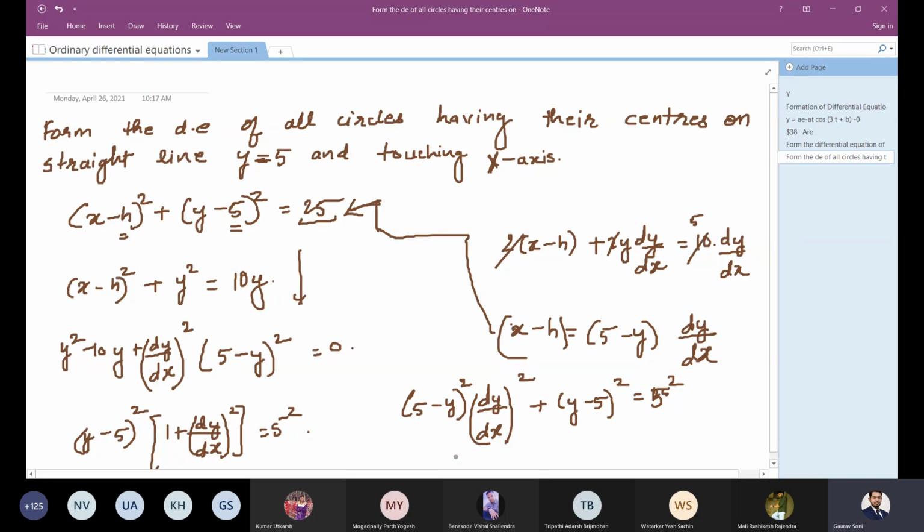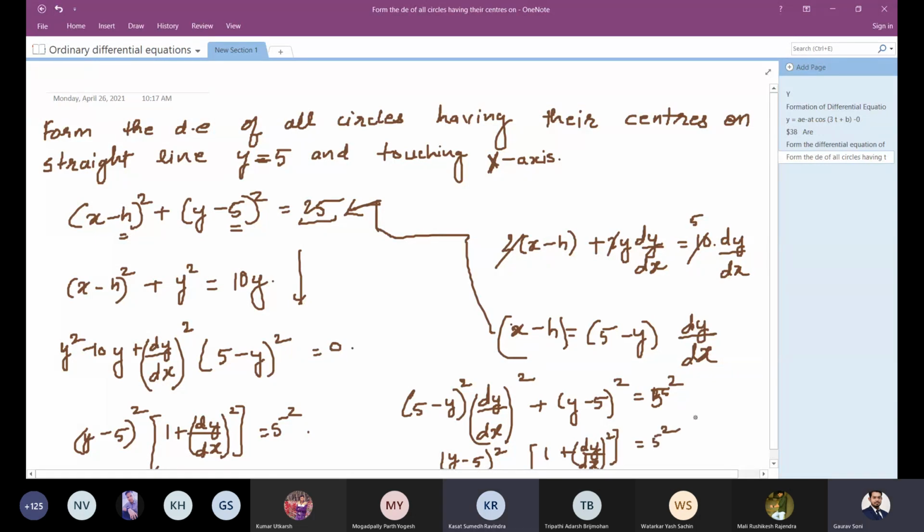Sir, there is y, minus 1 there. y minus 5 whole square I can take common, and in the bracket I will get 1 plus dy by dx whole square equal to 5 square.